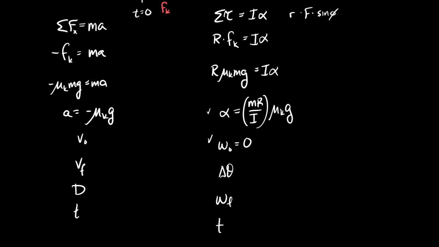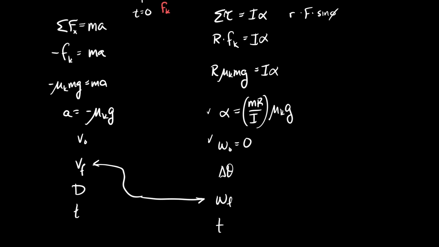But I do know something else, and this is what's important. Although these 2 things will not be linked together, the distance and delta theta won't be linked together because it's not rolling yet, I do know that one condition has to be met for them to be rolling.